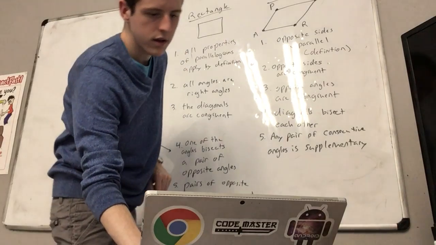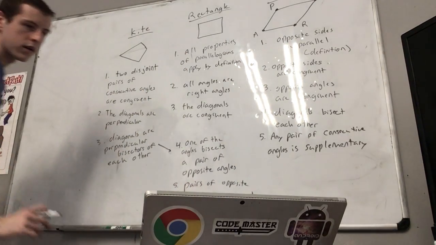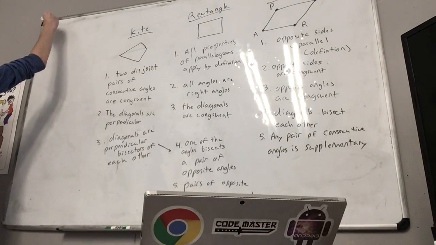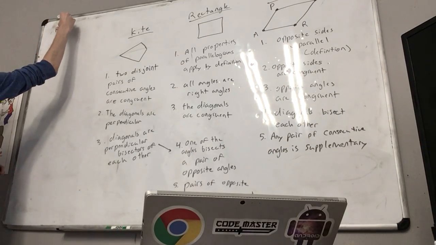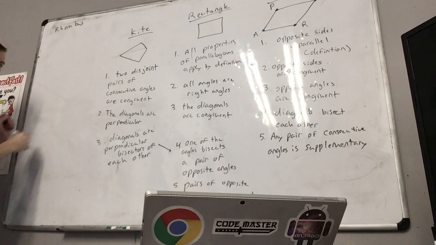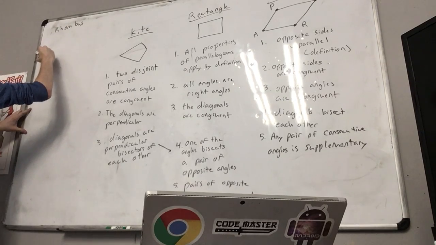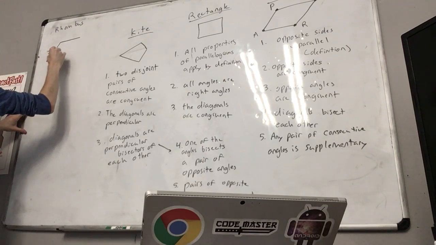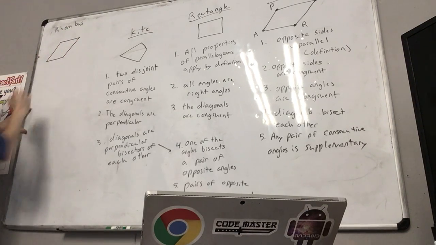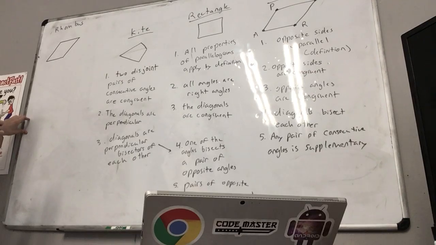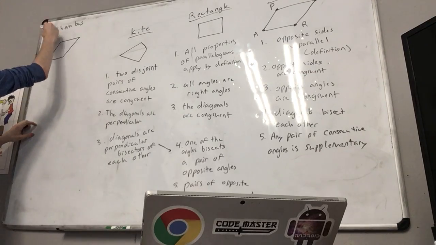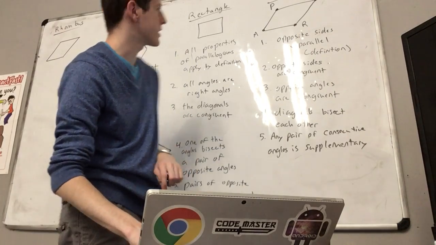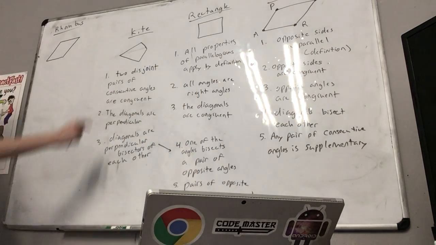Okay. We're going to move on to rhombuses. I'm going to draw them higher up. Okay, so a rhombus is a type of parallelogram.